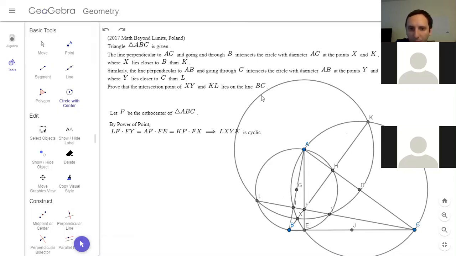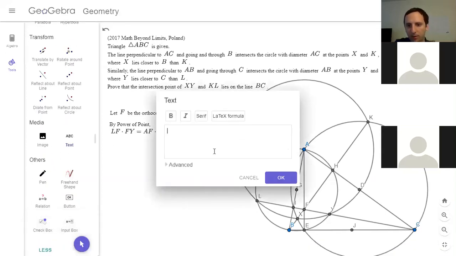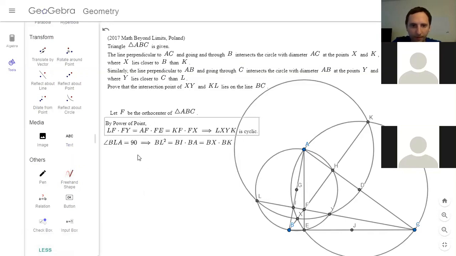Okay, all right, let's write this up. So angle BLA is 90 degrees. So that implies that BL squared is equal to BI times BA, which is equal to BX times BK. So BL is tangent to the circle LXYK.